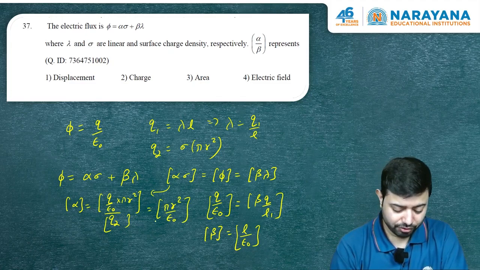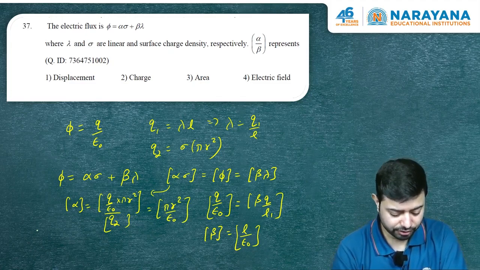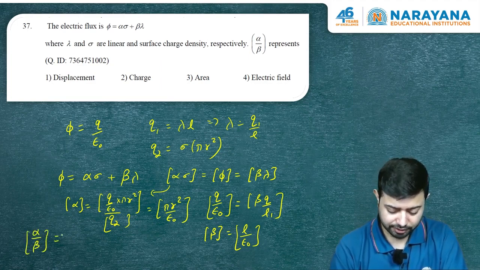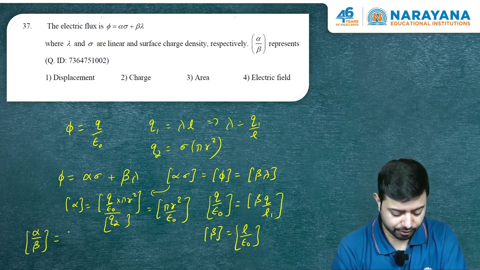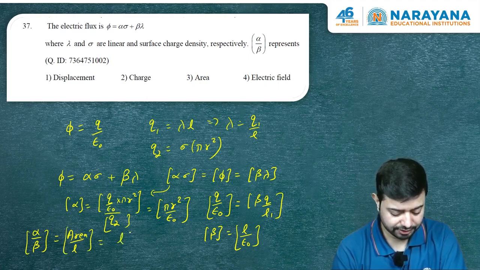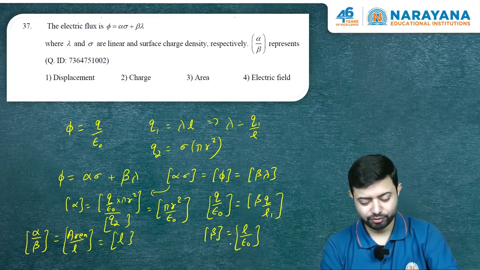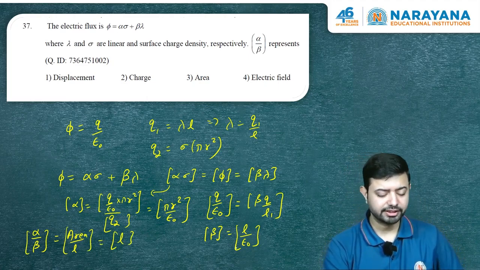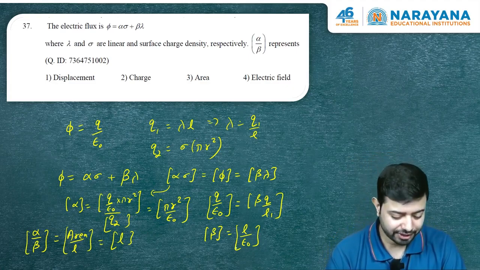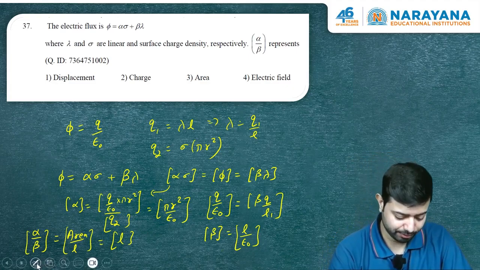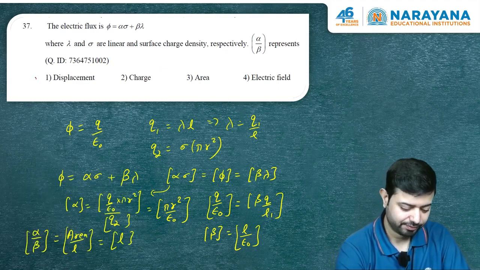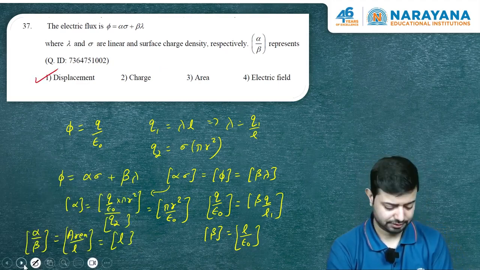Now you can get the ratio alpha by beta. What should be the dimension formula of alpha by beta? It will be area upon length, and that is nothing but length. One of the options has the dimension formula of length, and that is nothing but displacement. Okay, I hope it's clear.